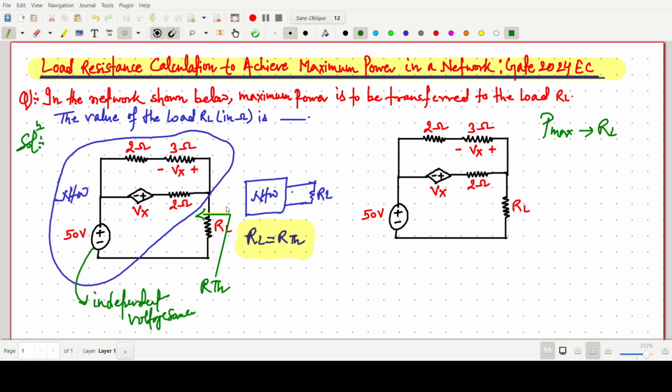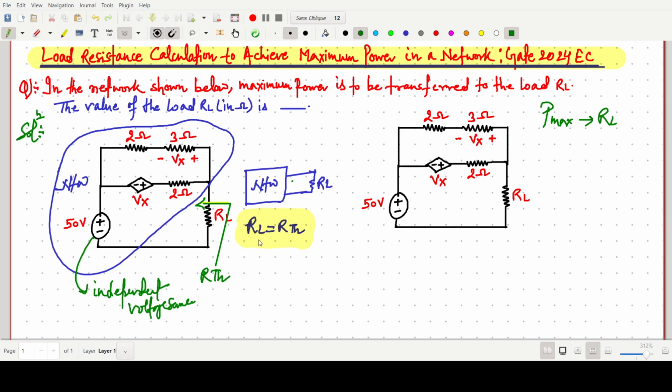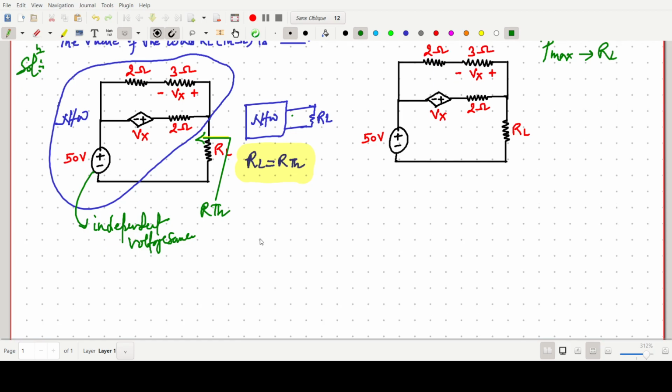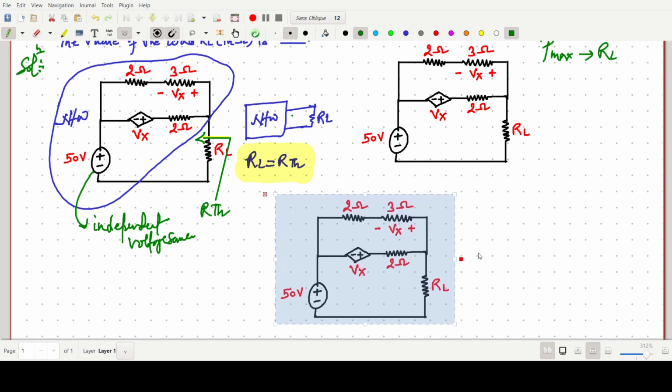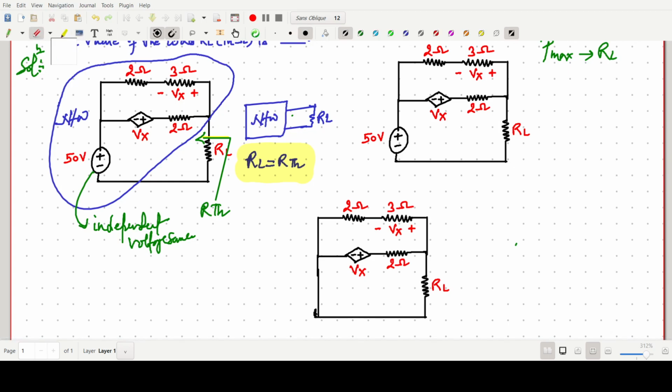So how to solve this type of problem when both independent and dependent voltage sources are there? In such a situation, I am again drawing the circuit. We have to short circuit the independent voltage source, so I am just short circuiting this part, and we have to remove this RL, because we have to find the overall RThevenin.